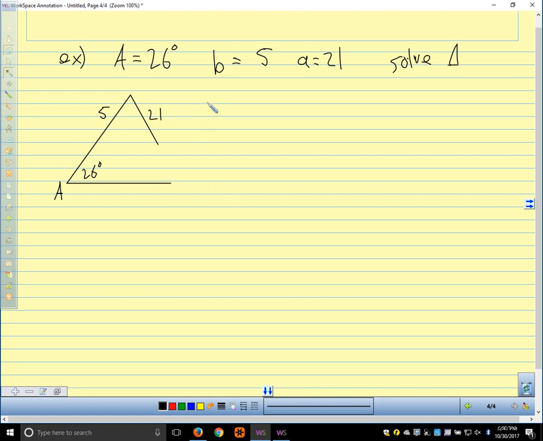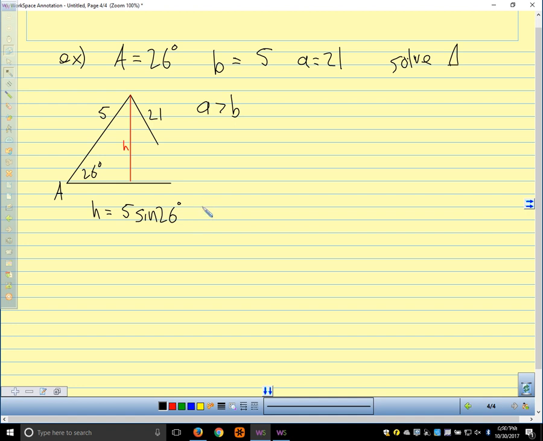All right, a is greater than b. And let's calculate our height. There's my height. And in this case, h is 5 sine 26. And I'm not even going to calculate this, because is 5 sine 26 more or less than 5? Less, because the sine is only between 0 and 1.